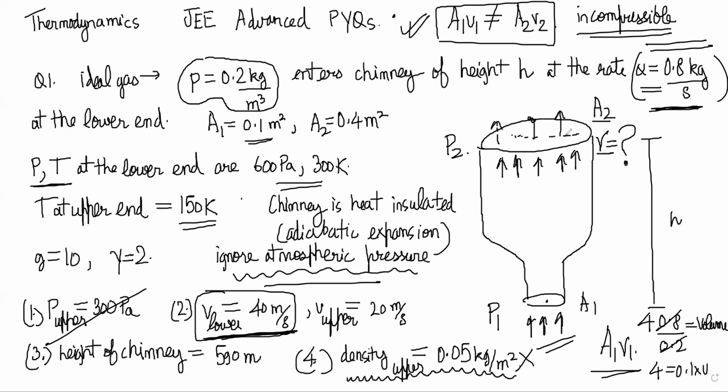That should be the mass rate at which it flows out, and that should be equal to 0.8. So we are doing the law of conservation of mass. We cannot do the equation of continuity directly. If you do just this one directly, you will get the wrong answer. Is it clear?